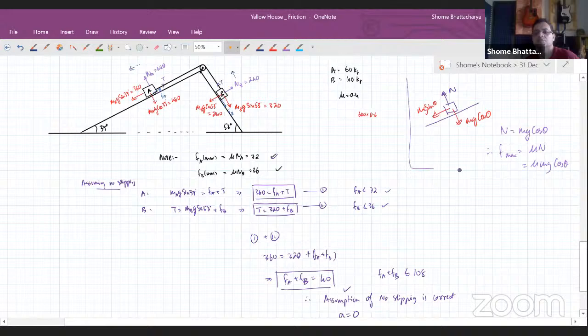So this is a concept we have applied for calculating the limiting values of friction, or the maximum values of friction. This value here and this value here. You can see the normal reaction on A is 480 newtons. The coefficient of friction is 0.4. So 480 into 0.4 will give you, oh sorry, the values are wrong.